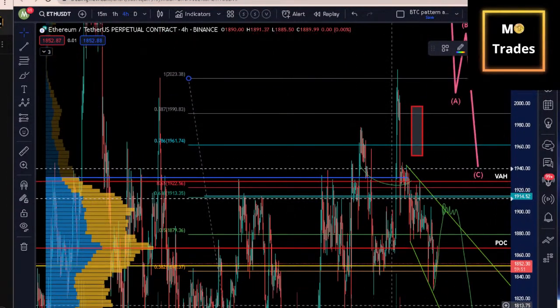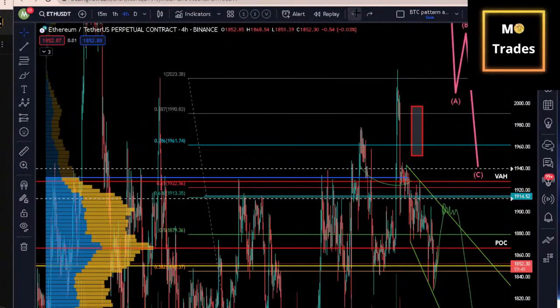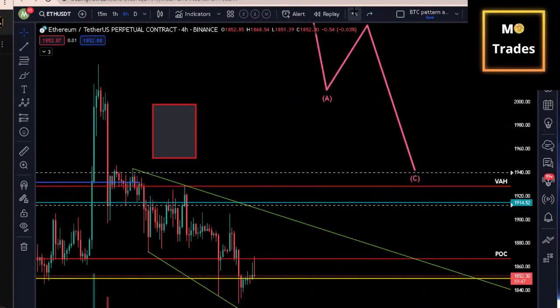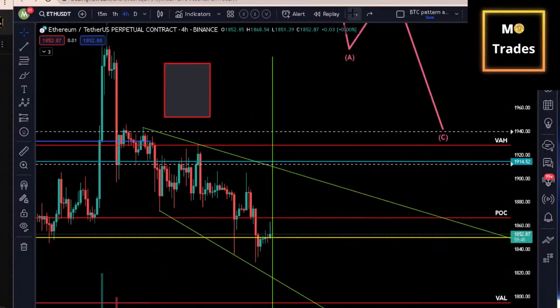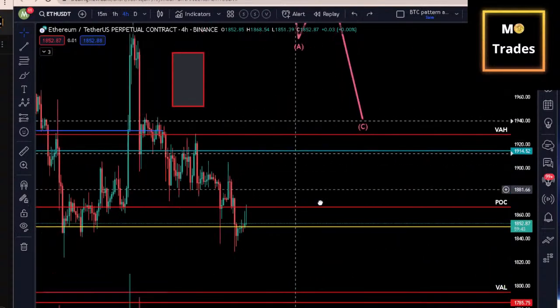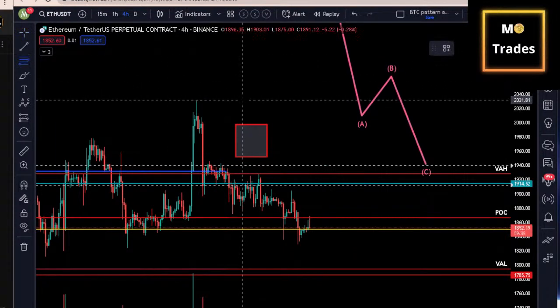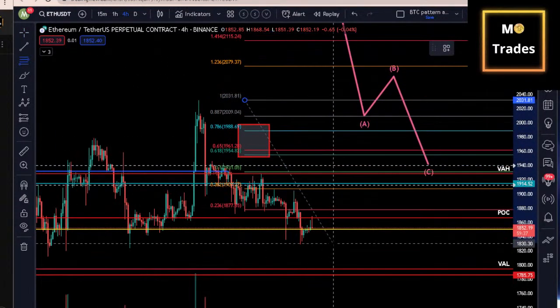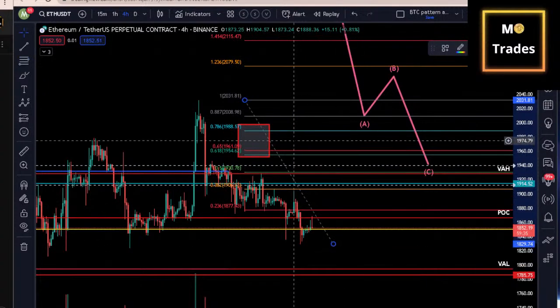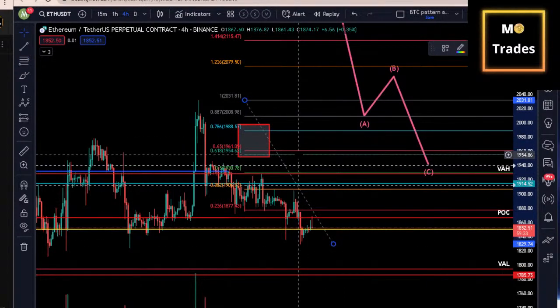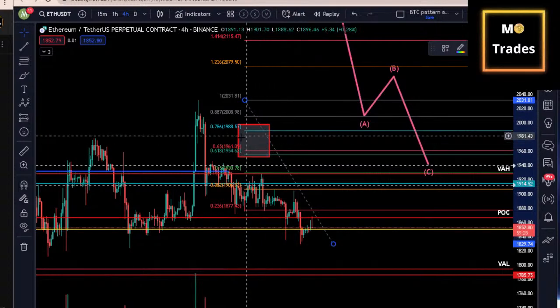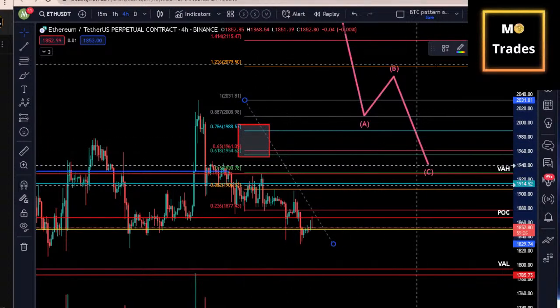So if I assume that we might do the same thing again and tap the 0.618 from this pattern, and I say this was a low and we're going to come up, then I expect Ethereum to come to 1954 and probably get rejected. It will still be in my zone and I'll be happy with it.